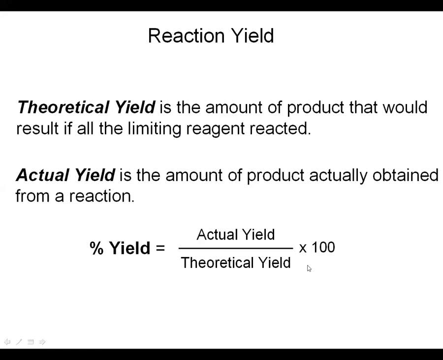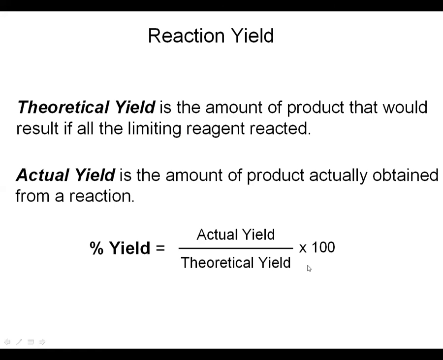Starting with your limiting reagent and the balanced equation, if you didn't spill anything, you didn't drop anything, you weren't a klutz, and there weren't any side reactions, this is how much you should yield. It's really your maximum yield, and it's always calculated from the balanced equation and what you're starting with. The actual yield is pretty much what it sounds like.